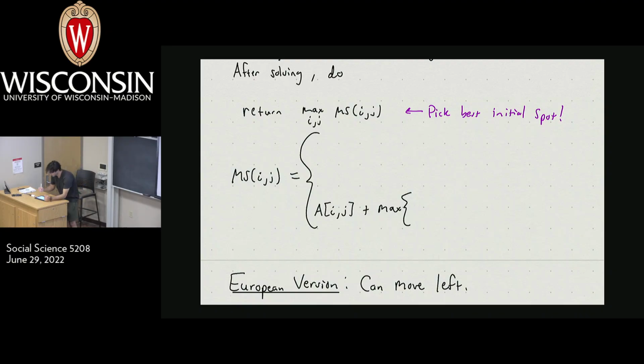Now we have to decide the next move, and the next move is going to be either we move to the right, which means we increase the column, so j is increased, or we go down, so we increase the row, so i is increased.